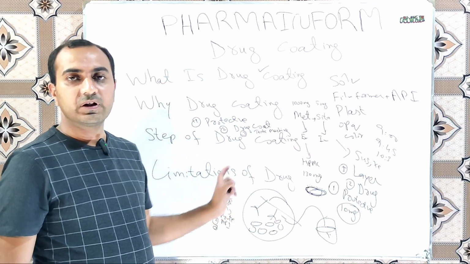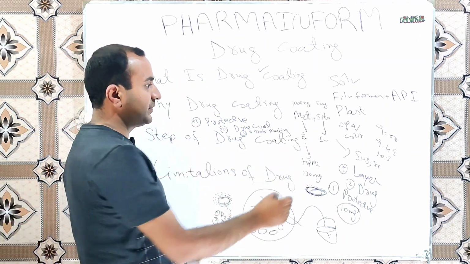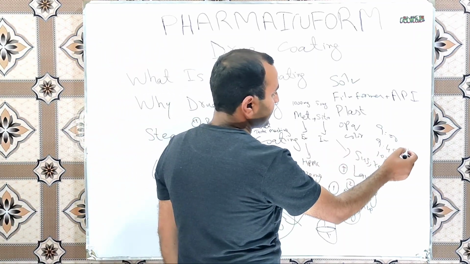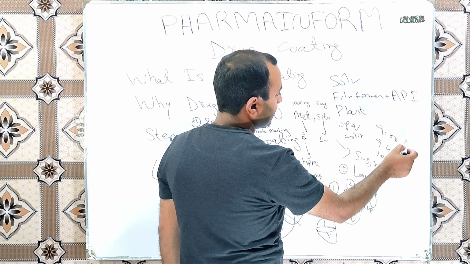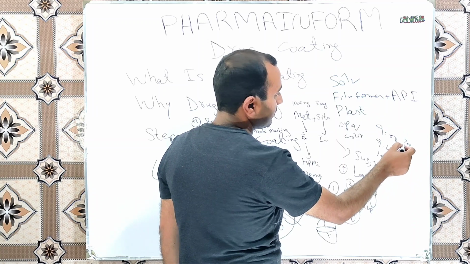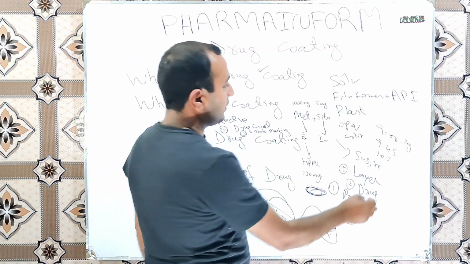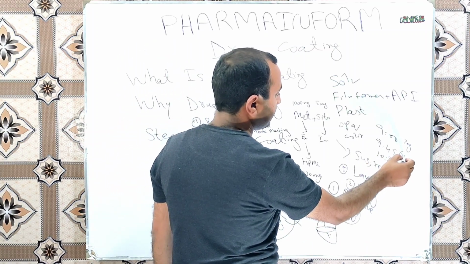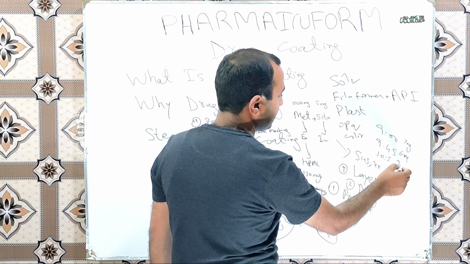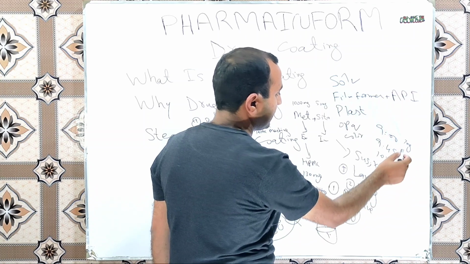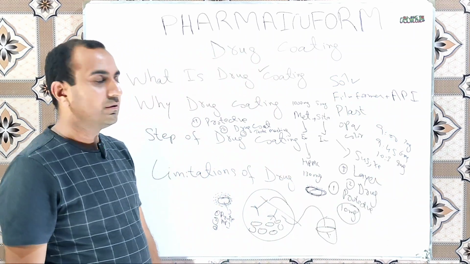The weight gain of drug coat after each interval must be uniform. Like if in this step we have 7 mg of weight gain, after that we have 6 mg of weight gain, and after that we have 8 mg of weight gain. It is a uniform pattern.